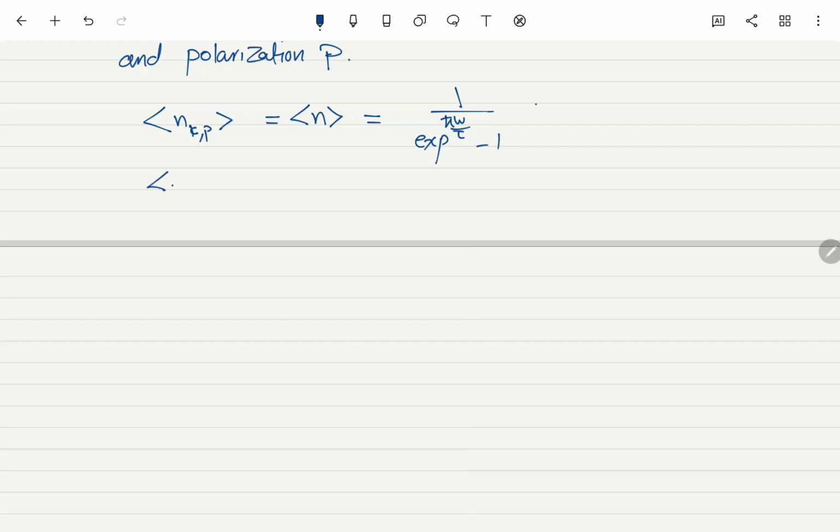The bracket symbol denotes the average thermal equilibrium value. Now let's define the Planck distribution.